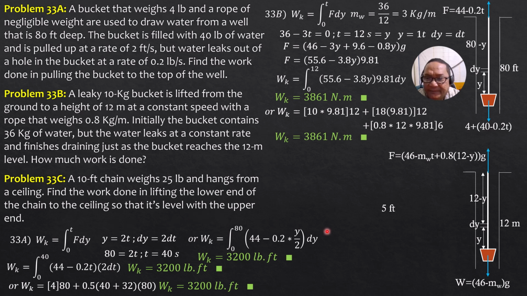To help visualize the situation, let's have the figure here. Initially, this is the 10-foot chain. Then when this end is lifted to coincide with the top here, this is now the figure.